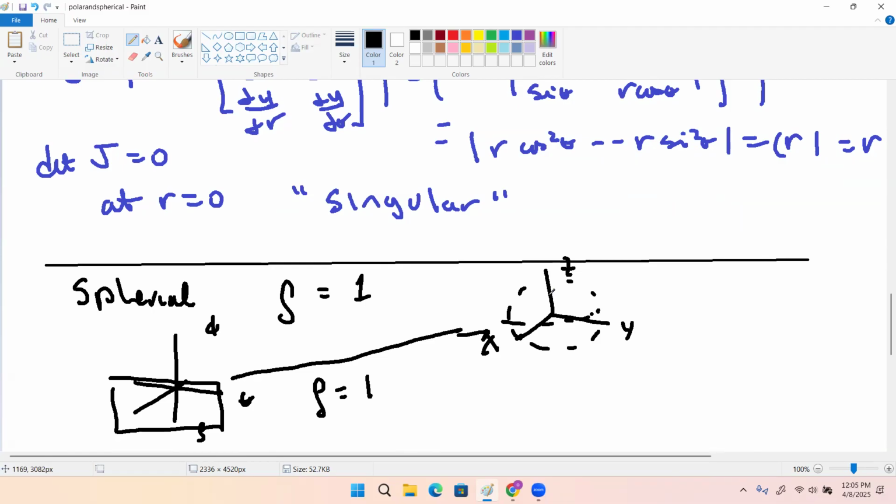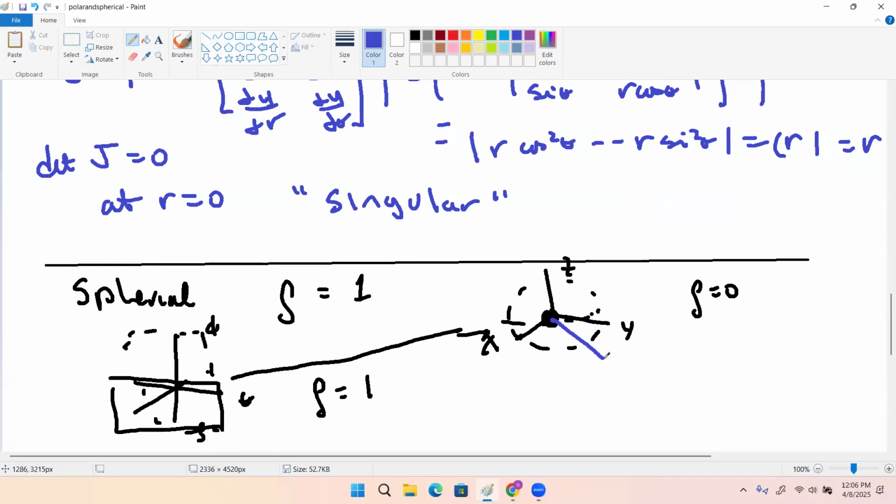Now, how is that going to happen? Well, notice here, one big singularity is if we take rho equals 0, that should be this plane right here, right? Well, this entire plane gets mapped to a single point, right? To a single point right here. So that's one thing. Now, let's look at theta being constant.